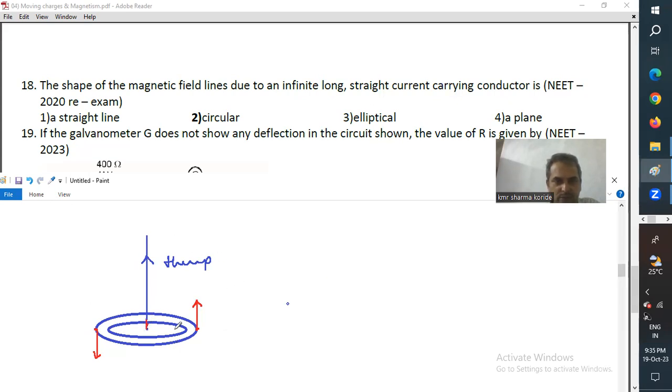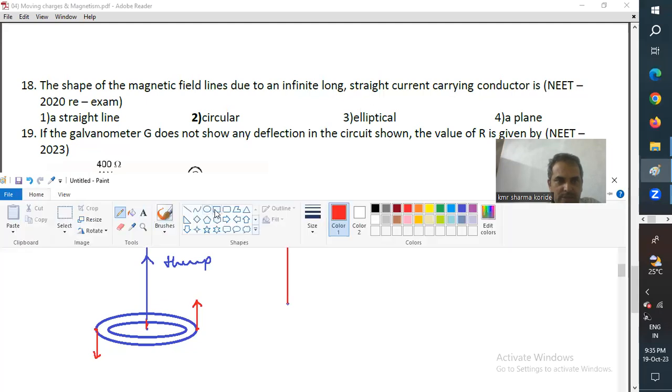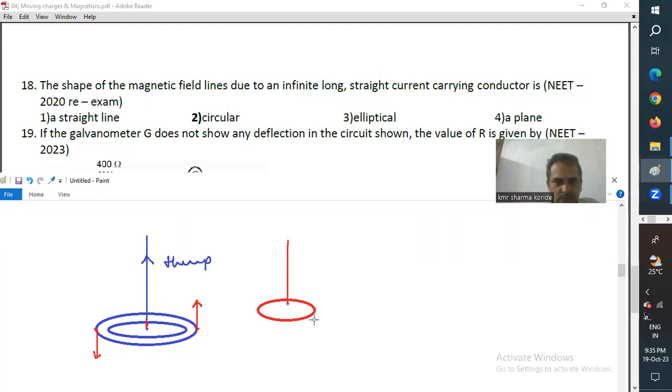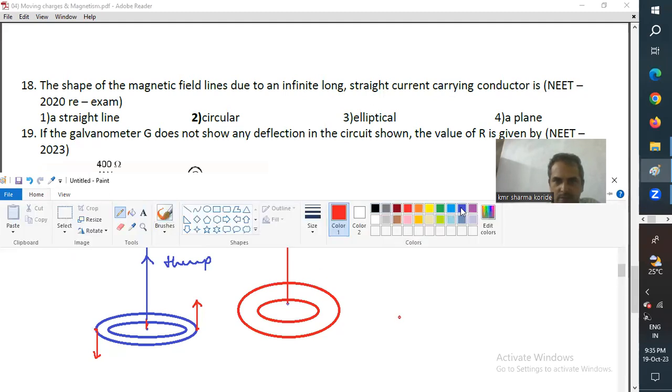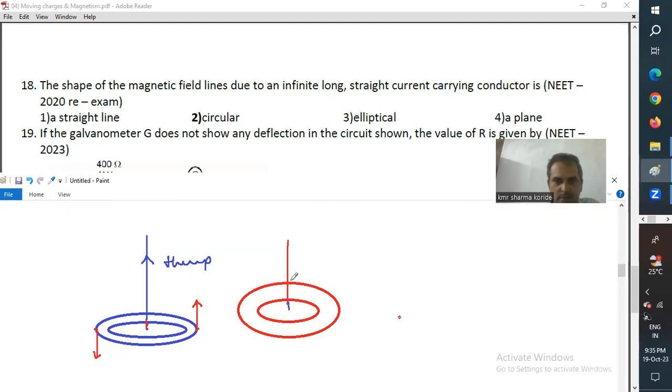Suppose the current is downwards, thumb down, same point. If the current is downwards and you choose this particular point, the field will be outwards, towards you.